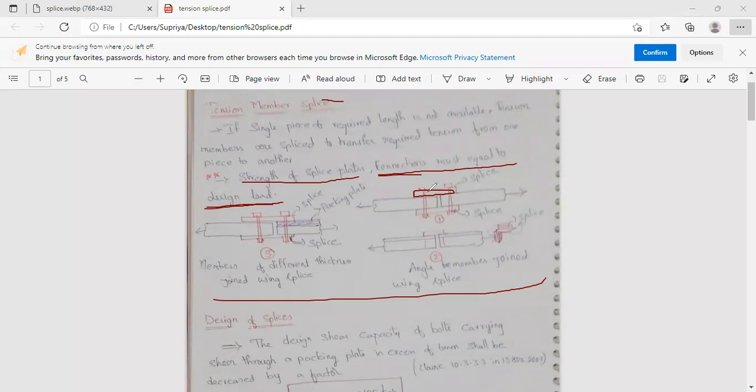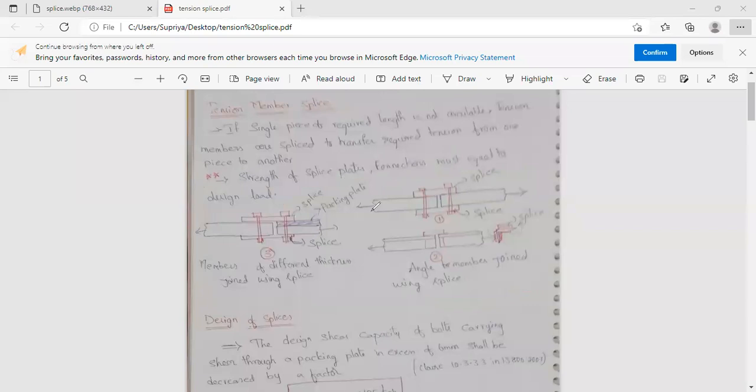If we are providing bolted connections, based on the design load, we have to decide the number of bolts to be provided. So based on the design load only, we have to decide the thickness of the splice plate and the connection. Connection includes the number of bolts and the length of welding if welding is provided. So that is what the design of tension splice includes.